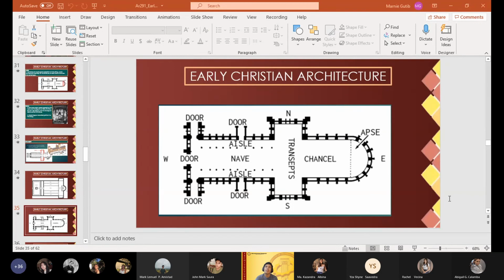But early Christian architecture is about 2 to 3 points. But those 2 to 3 points will matter a lot to your grade, that 1 point, 2 points.